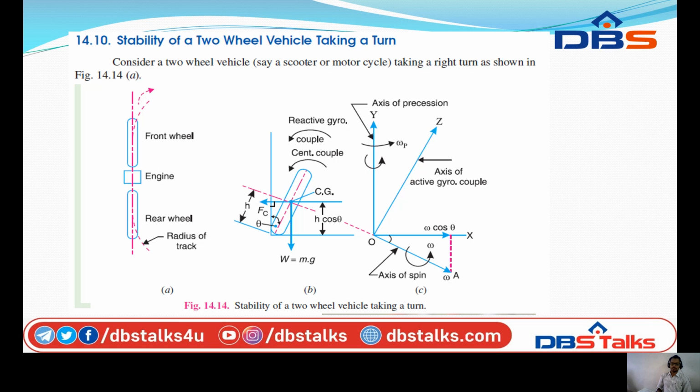When we see the first diagram, we can see the engine, front wheel, and rear wheel. So what is the radius of track for a right turn? In the second diagram, for a right turn we have to make a curvature.